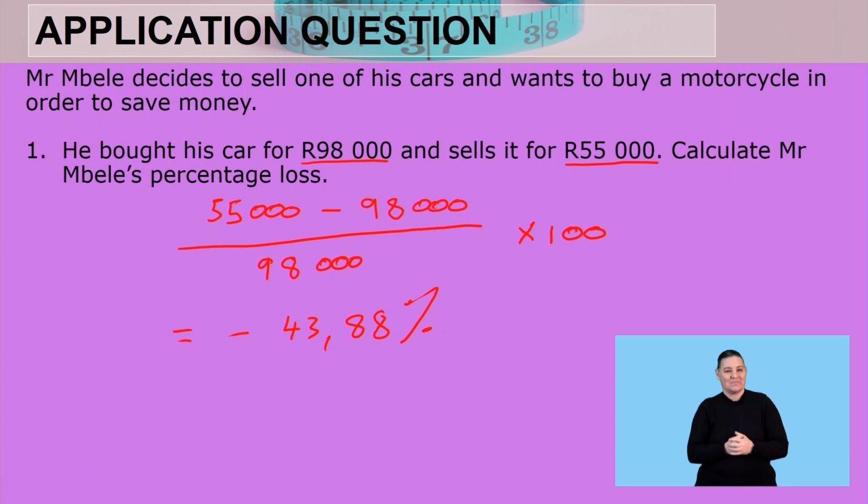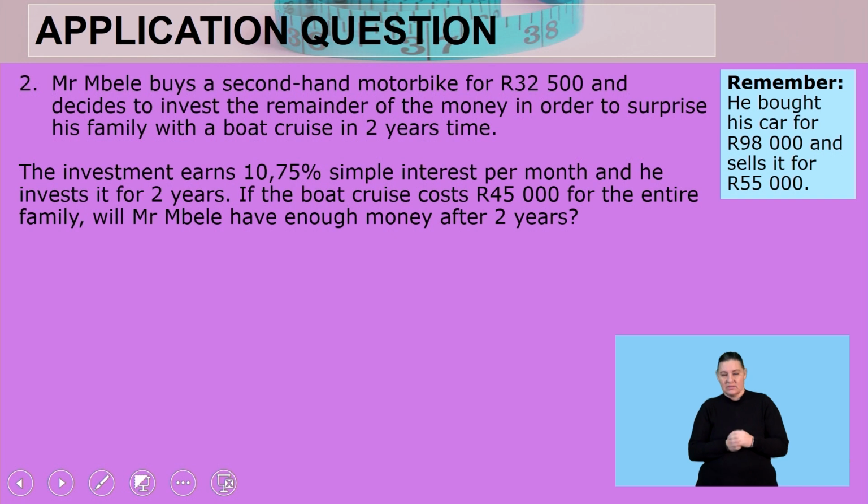Let's do question 2. Mr. Mbele buys a second-hand motorbike for 32,500 Rand and decides to invest the remainder of the money in order to surprise his family with a boat cruise in 2 years' time. The investment earns 10.75% simple interest.